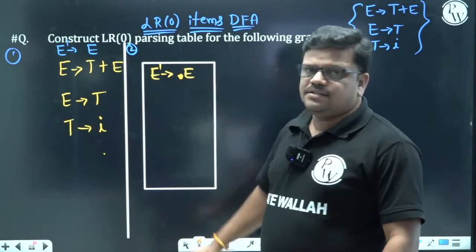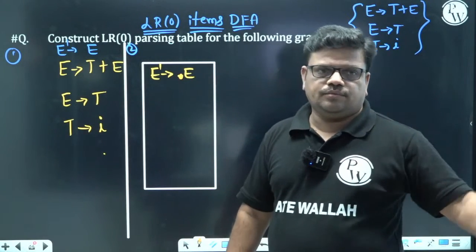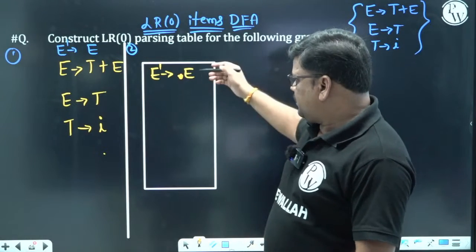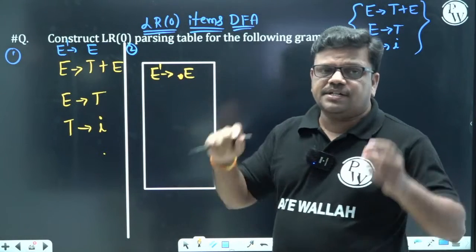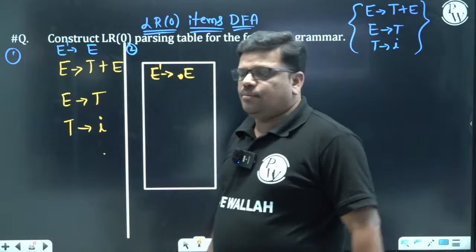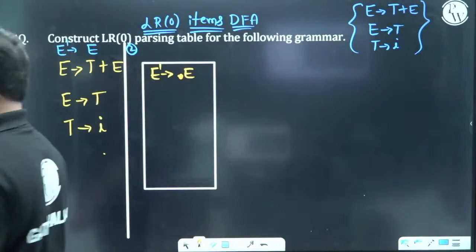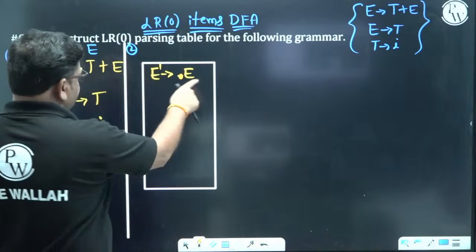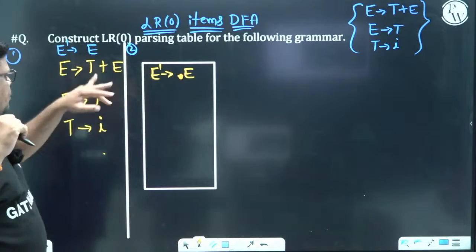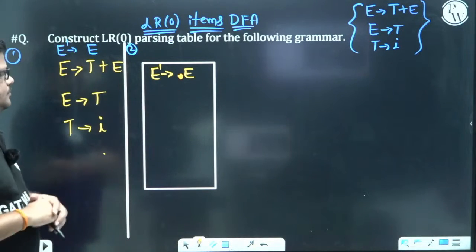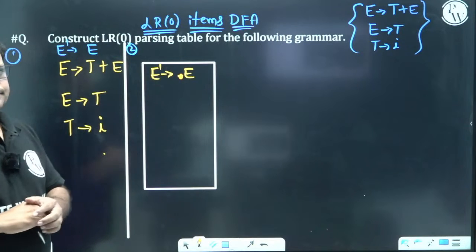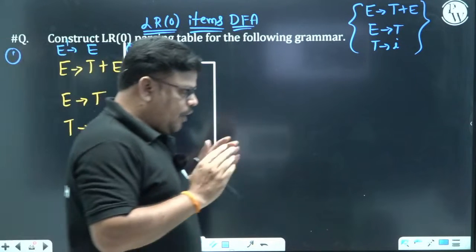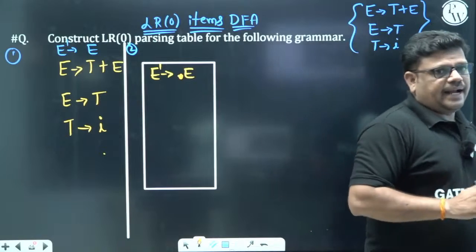After that, everything is done by closure and goto. Now tell me, closure function: if any item is like this, what productions does the closure function add? How many productions will the closure function add to this from the given grammar?